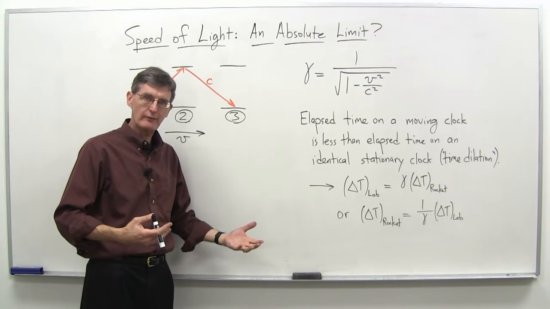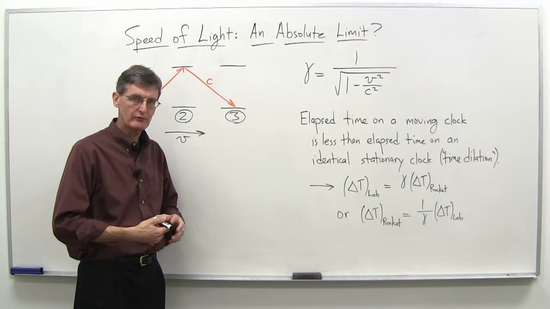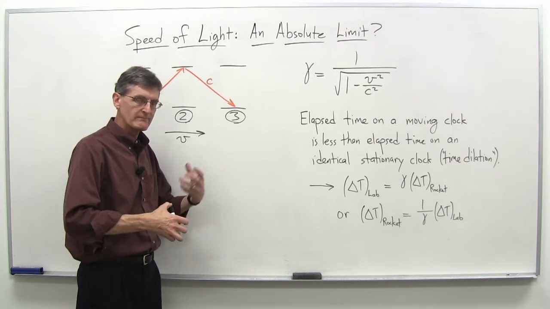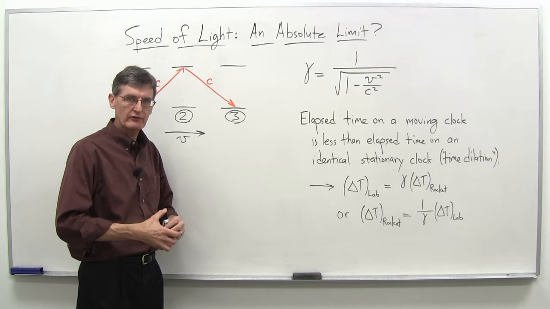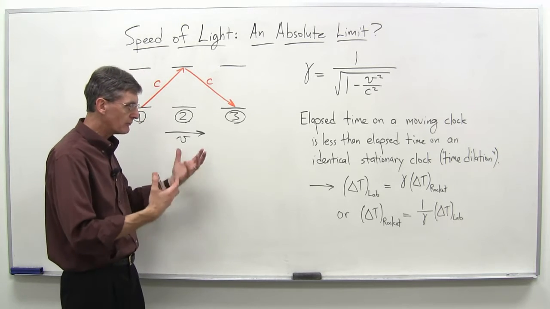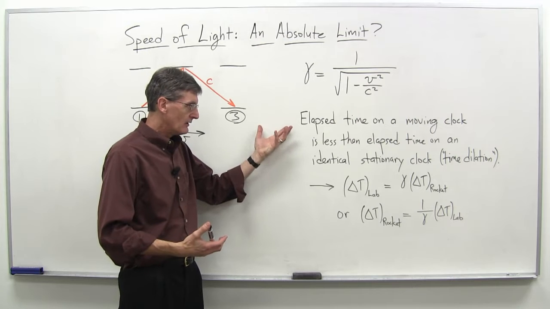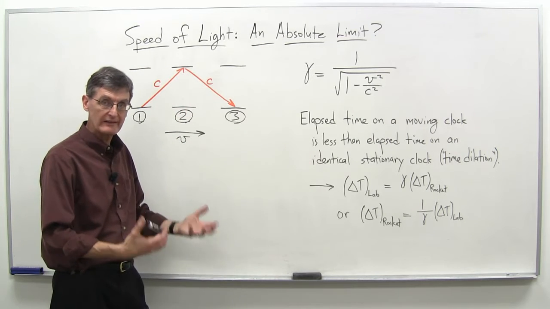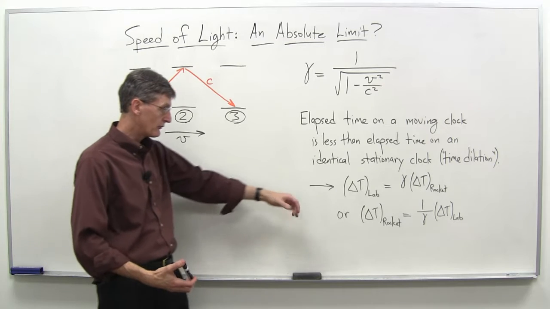And again, it all goes back to the two basic principles that Einstein enunciated, and the fact that simultaneity and clock synchronization is relative. But just to remind ourselves, time dilation: elapsed time on a moving clock is less than the elapsed time on an identical stationary clock. Here was the formula.